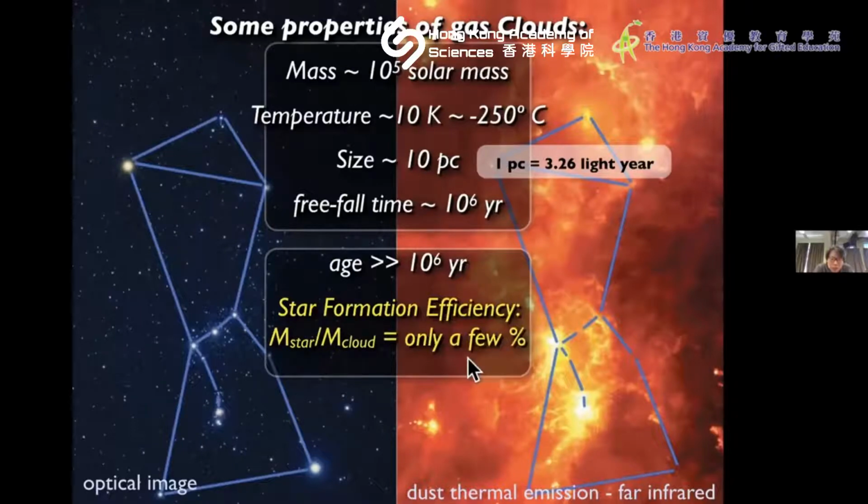Just a few percent of the gas turned into stars during these years, much longer than the free fall time. So the first question the star formation theory has to answer is why doesn't this gas fall into each other? Actually, just a small fraction of it falls together. The rest of it just stays pretty much in the same place.